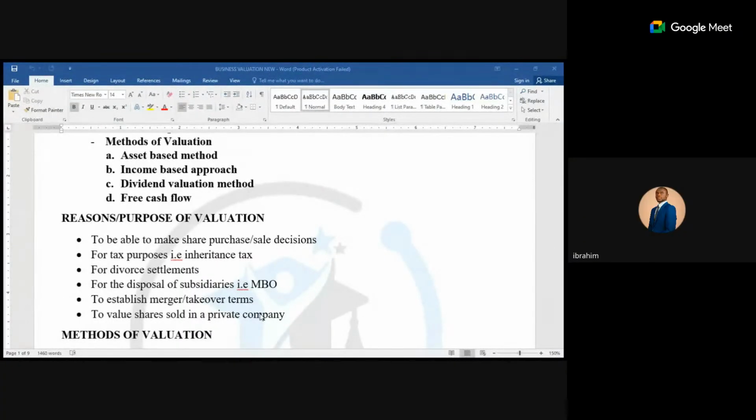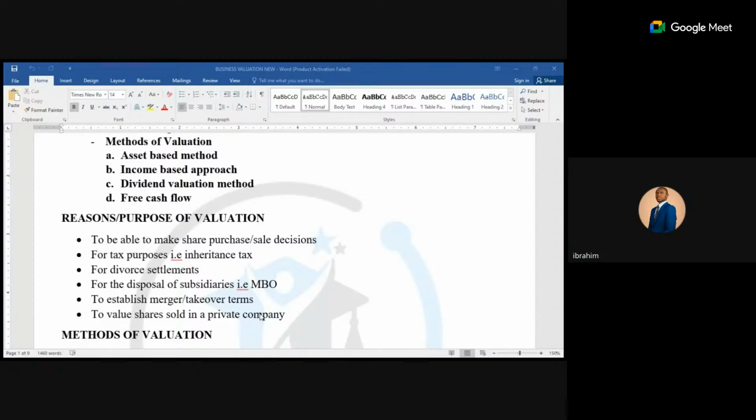When you know the value of the business, you can now say, oh, it makes sense, we can merge, because you know their value. Merger means when two companies come together to become one. You can carry out a valuation based on that.